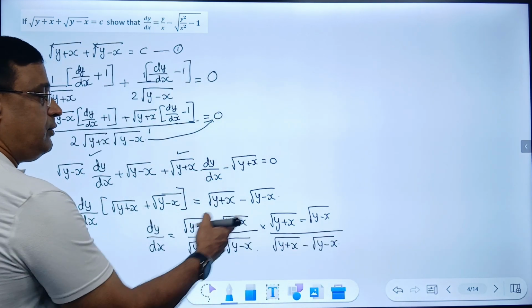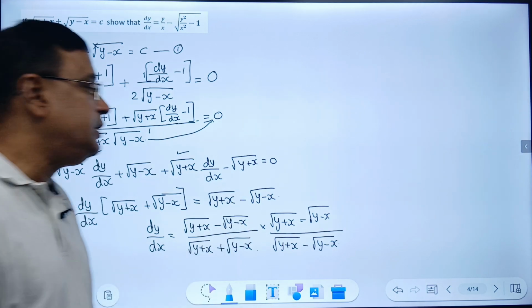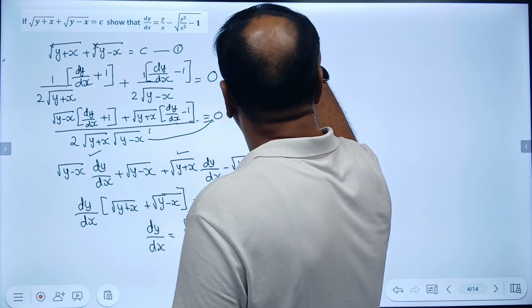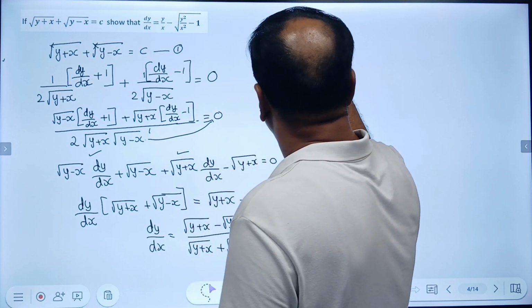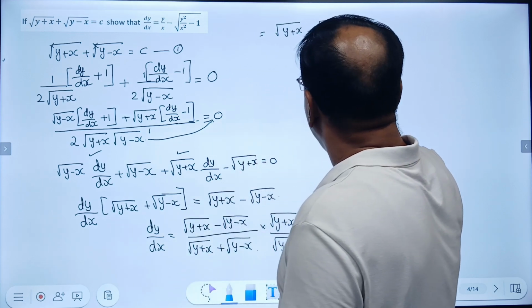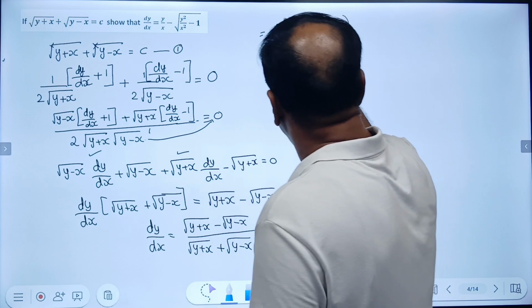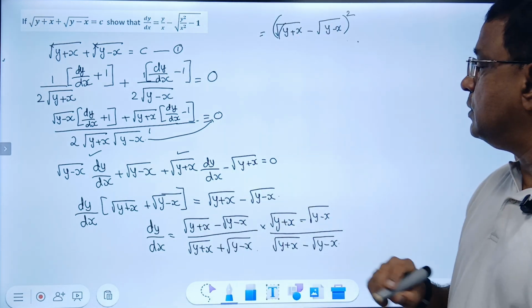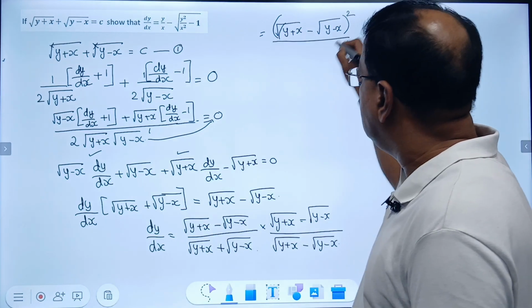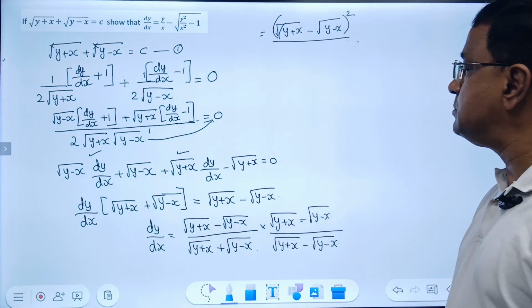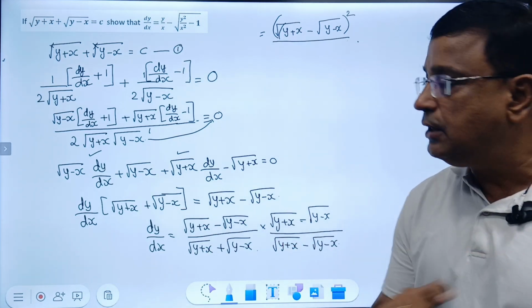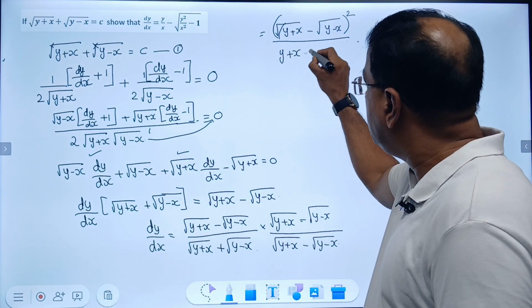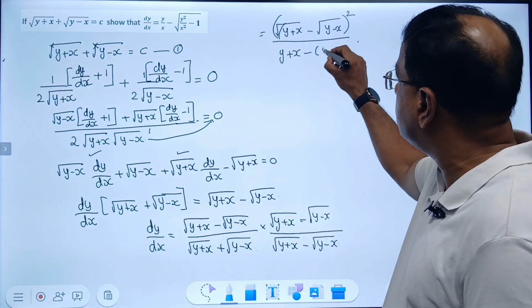Now this is a minus b into a minus b is a minus b the whole square. So it will become root of y plus x minus root of y minus x the whole square. Correct? A minus b whole square. Denominator will be a plus b into a minus b will be a square minus b square. So a square will be y plus x minus b square will be y minus x.